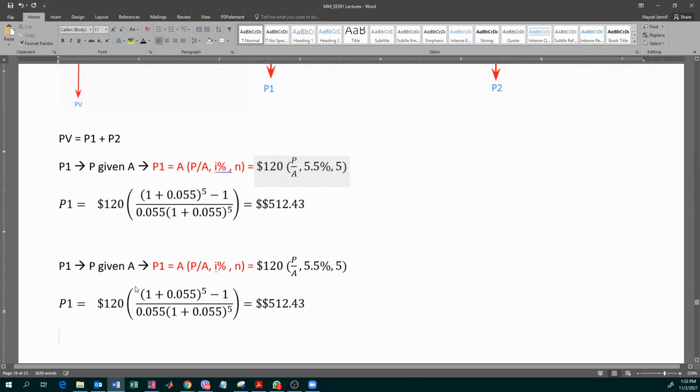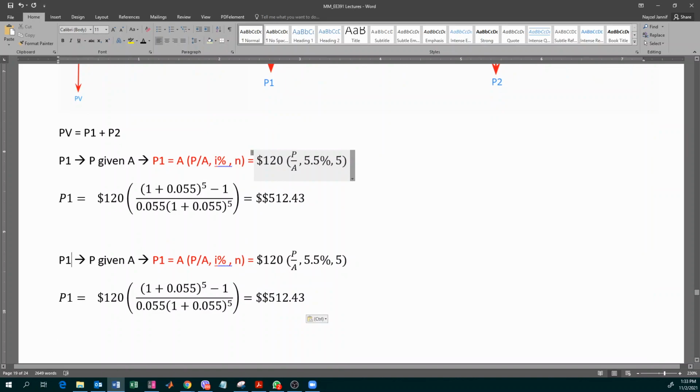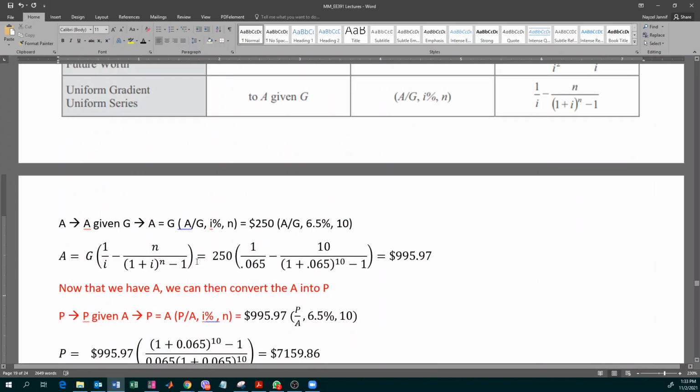Now, the way to calculate P2 is we can convert from the G. We can find A given G, right? A given G. So we find A. Let's call this A2, and we use G, like what we used over here in our second attempt.